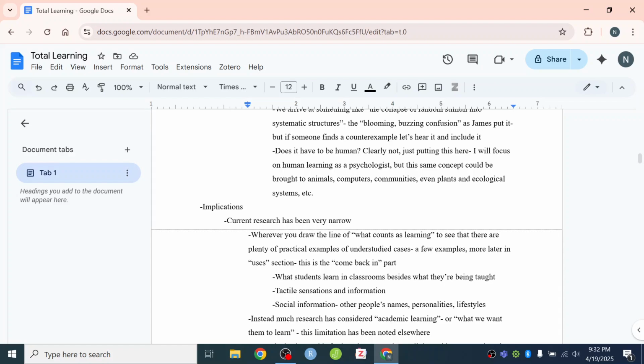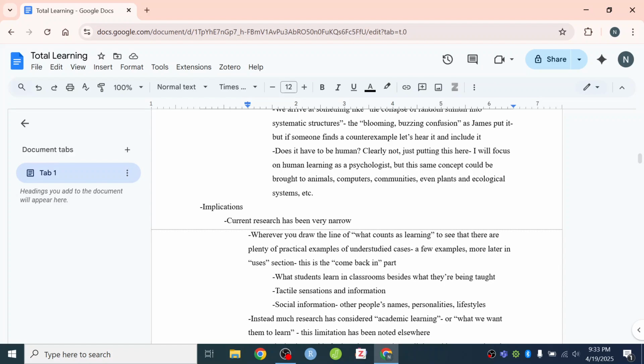What have they learned besides what they're quote unquote being taught? This is an interesting question, which you can see how the total learning framework leads you to ask. Yes, we can measure what they're supposed to be learning, but what else are they learning? What else are these subjects learning within this time frame?